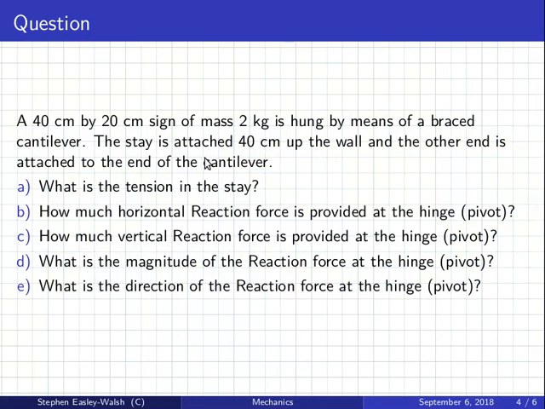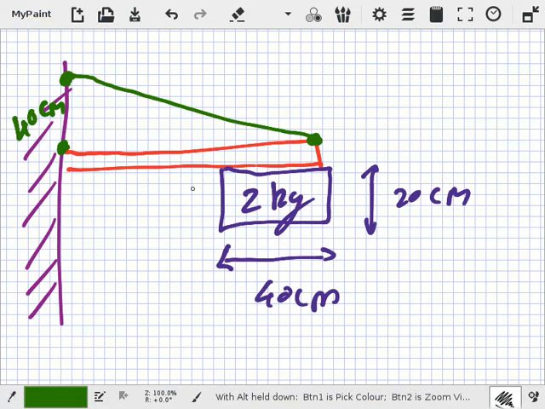And I'm sorry, my question actually isn't clear, but I think I must have meant that this sign is for the whole cantilever, although I didn't actually say that, so I'll just fix that sign up. So, like a shop sign.